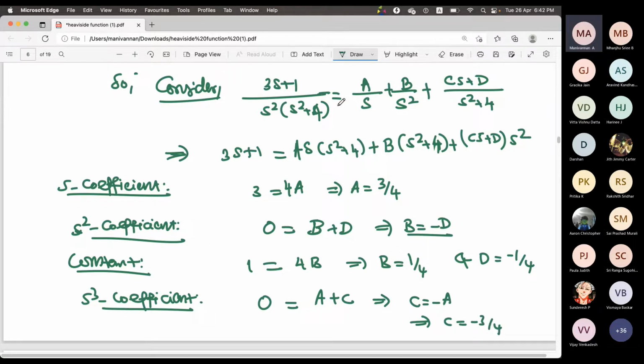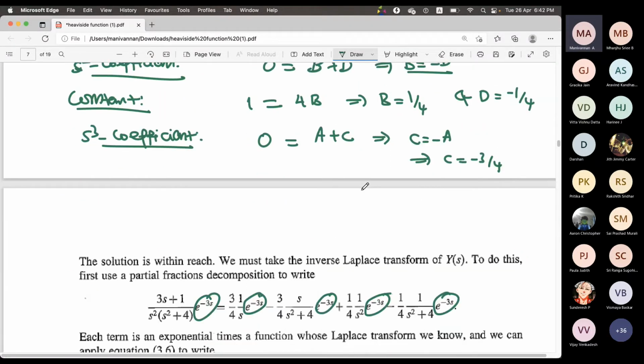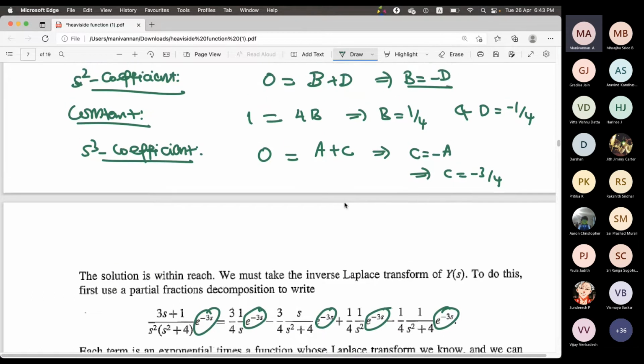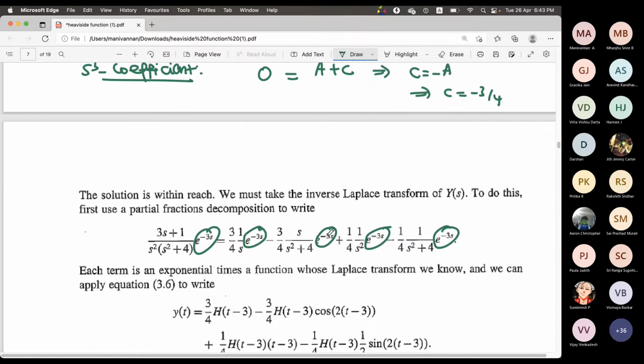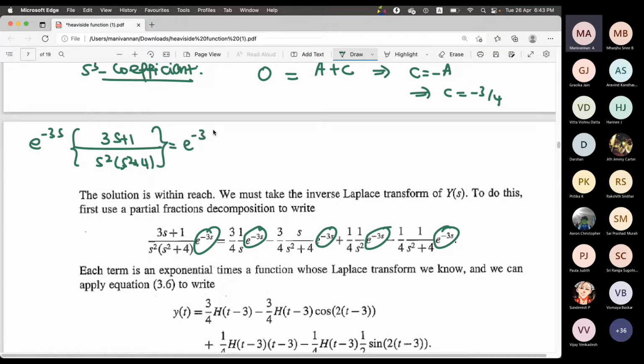So if you look at this equation, with this 3s plus 1, A is 3 by 4. I may write here also: 3s plus 1 divided by s square into s square plus 4 equals, into this e power minus 3s. Don't ignore this e raised to the power minus 3s; it is still there, so it will be the common term for all the things.